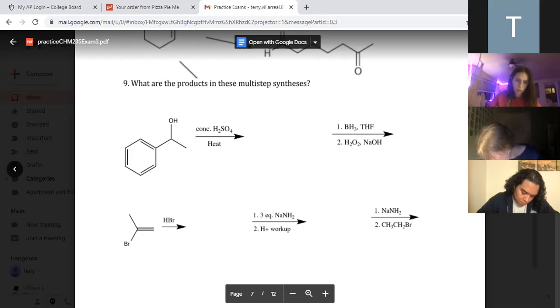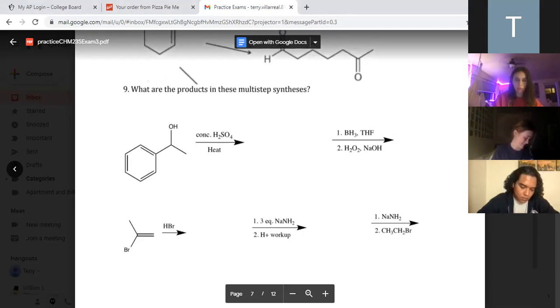Okay. So in step 1, we have an alcohol, concentrated sulfuric acid, and heat. What type of reaction are we going to do? Elimination. Yep, it is an E1. When it's an alcohol and sulfuric acid, it's an E1 reaction. Just file that away somewhere in your headspace.